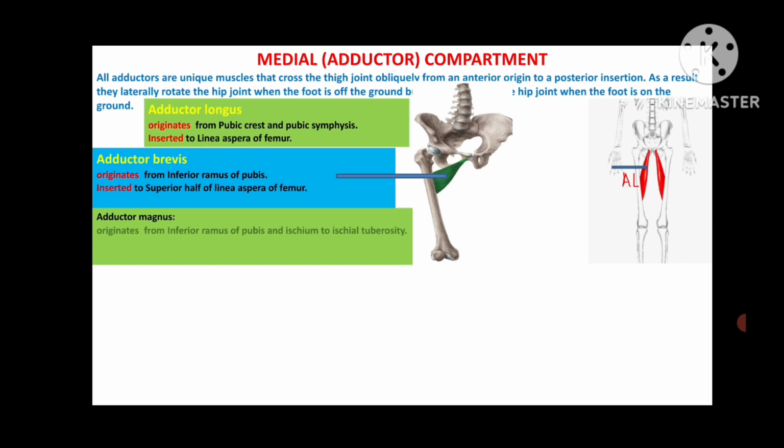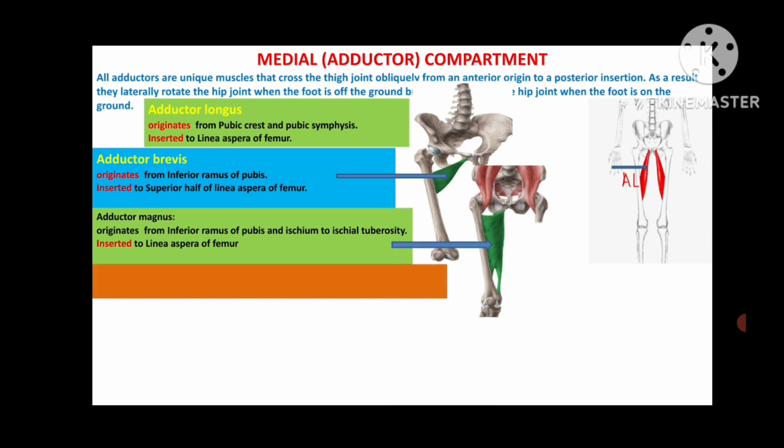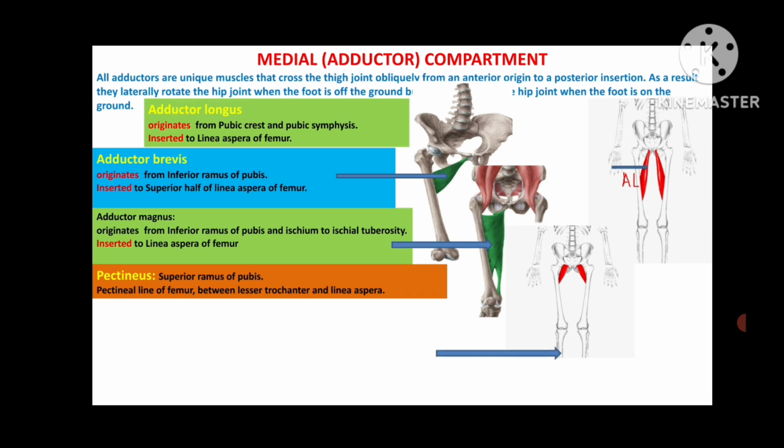It is a large muscle of this medial compartment, originating from the inferior ramus of the pubis and ischium to the ischial tuberosity, and inserted to the linea aspera of the femur. The other muscle is known as the pectineus, arising from the superior ramus of the pubis and inserted to the pectineal line of the femur between the lesser trochanter and linea aspera.